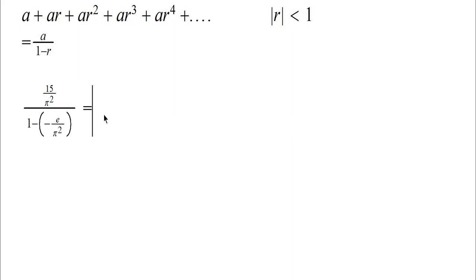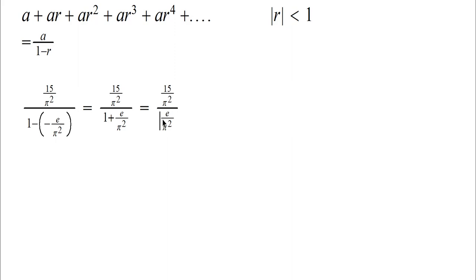So we have 15 over pi squared, and then this becomes negative, negative would be positive, so we got e over pi squared here. You can simplify that by taking pi squared as a common denominator.